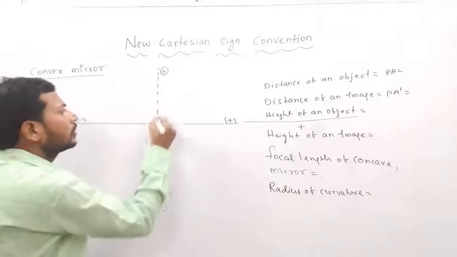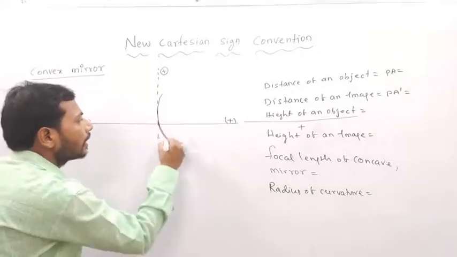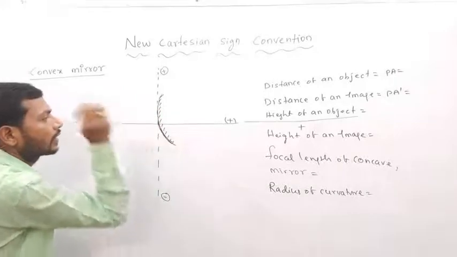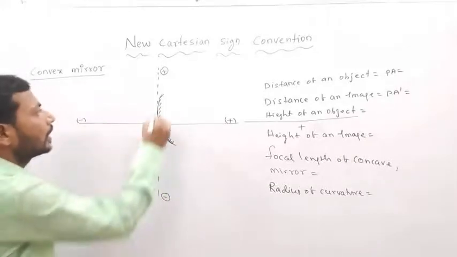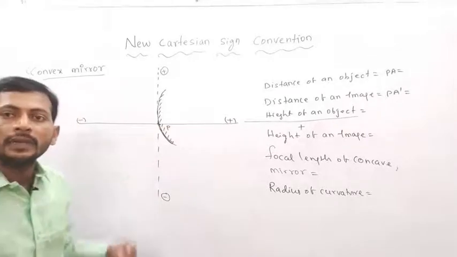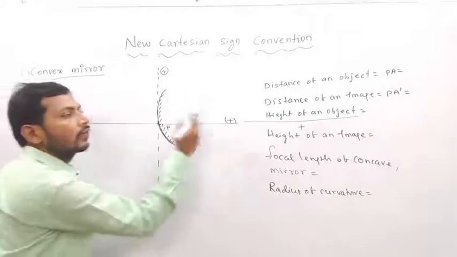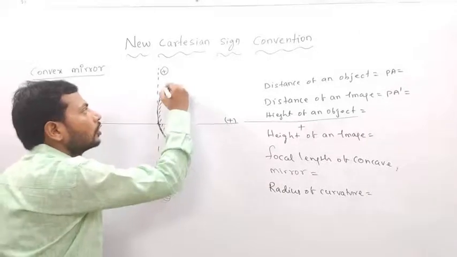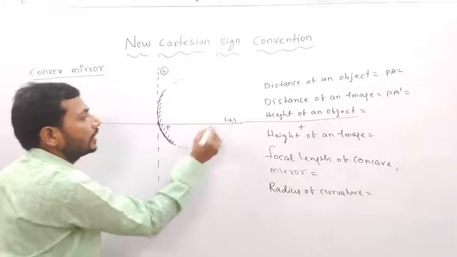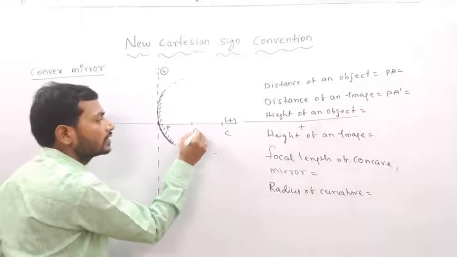So I am going to take the mirror like this. Which side should be colored? This side should be colored, the inside of the curved surface. This is the pole, in the graph paper that is the origin. Now which side does the focus exist? If you imagine the sphere, the sphere will come this side. That's why the center of curvature exists this side and the focus also exists this side.